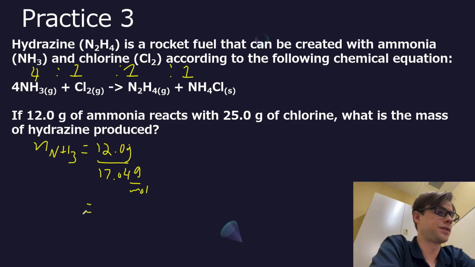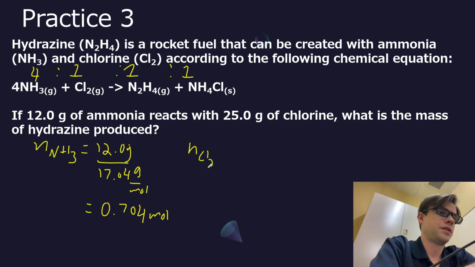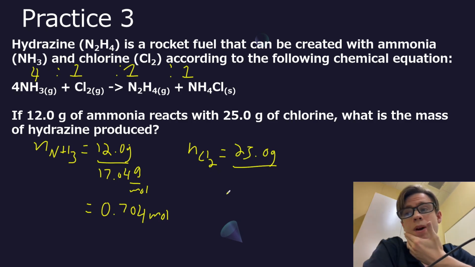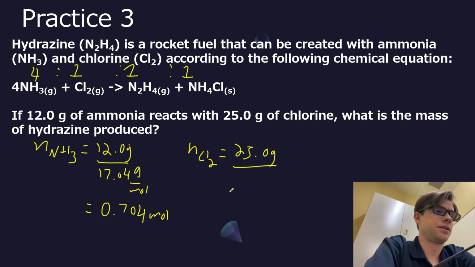It's about 0.704. Then how about chlorine, 25 grams. 25 mass divided by molar mass of chlorine. It's about 70 something. 2 times 35.45.